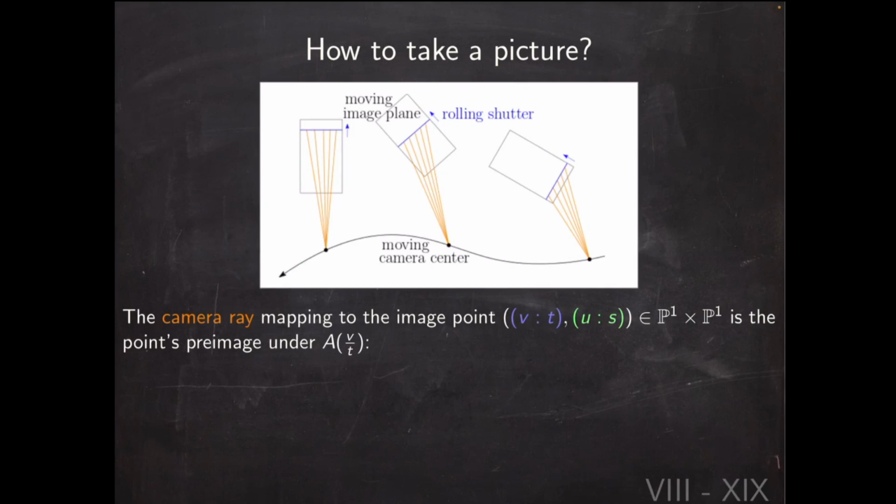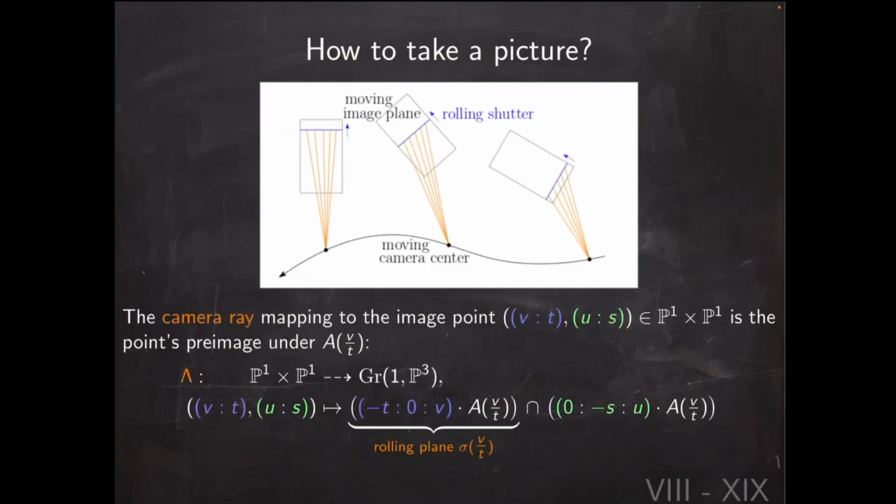So now, given such a point on an image plane, which is a P1 times P1, and has a blue coordinate and a green coordinate, I want to compute the orange camera ray of all the points that map there. And that's again just taking the pre-image under this 3x4 matrix that models the camera. And so here is a final map.